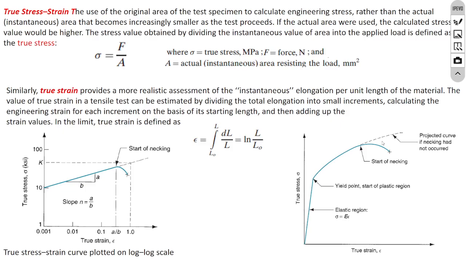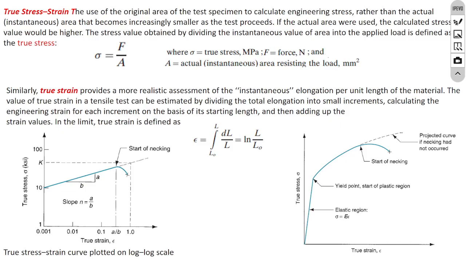True stress increases. If we need to continue to deform the body, then don't forget it is a must to increase the load, correspondingly having greater stress at the cross section. Since it is increasing, it is said that this is strain hardening. If we increase the strain, then the material is going to be harder.